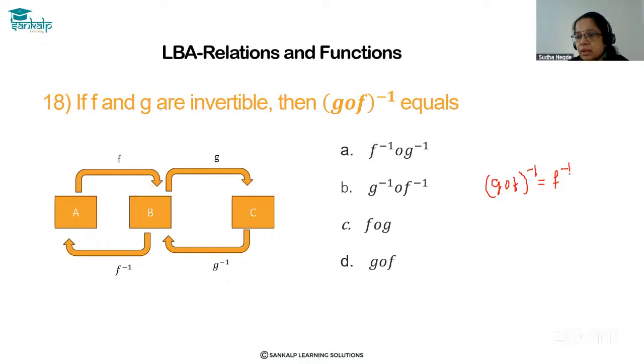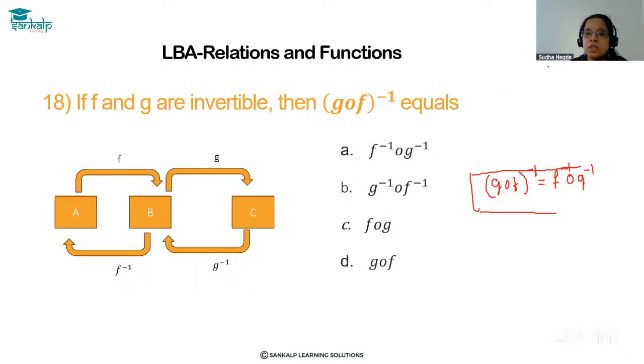Inverse of that composition, g inverse. Okay, it is second element first. F inverse composition g inverse. You need to remember this result. Okay, (g composition f) inverse is equal to f inverse composition g inverse.